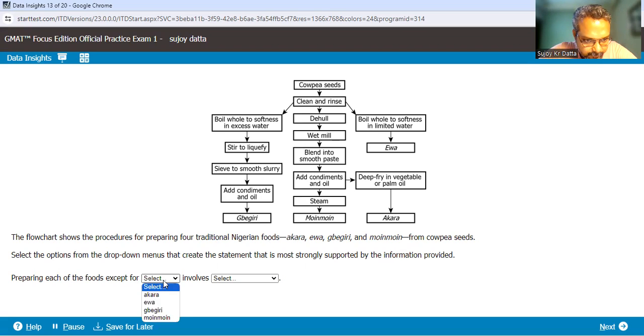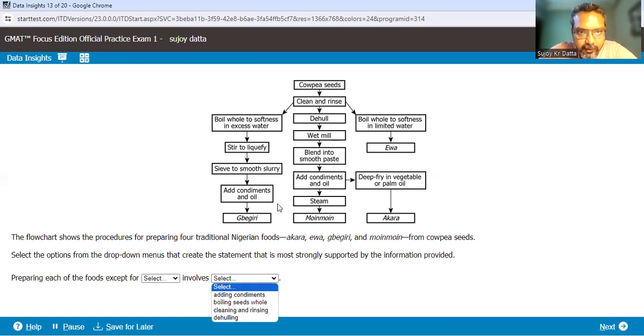Preparing each of the foods except for which one involves... Everyone has to be cleaned, then boil, stir to liquefy, boil. You don't have to boil. But this also does not have to be boiled. All right, stir to liquefy, adding condiments, add condiments, add condiments.